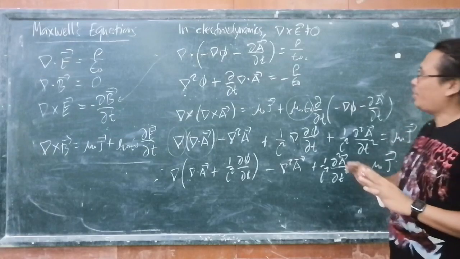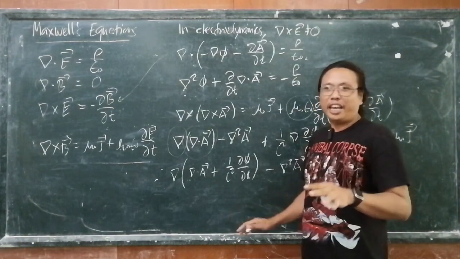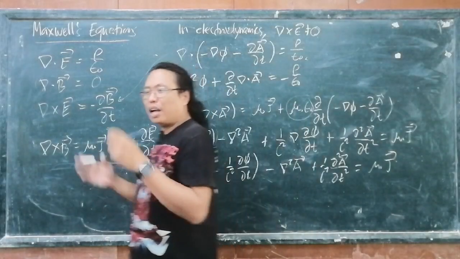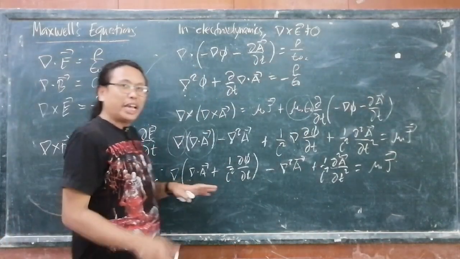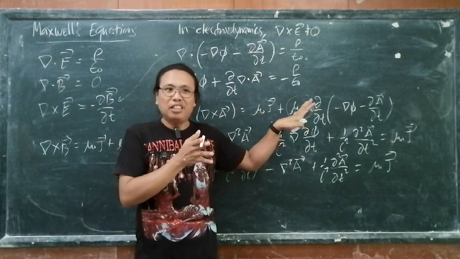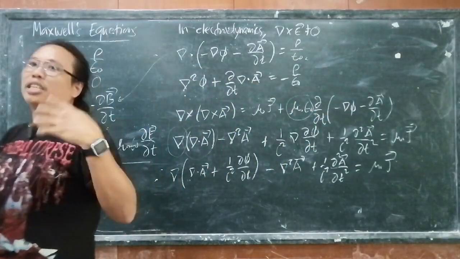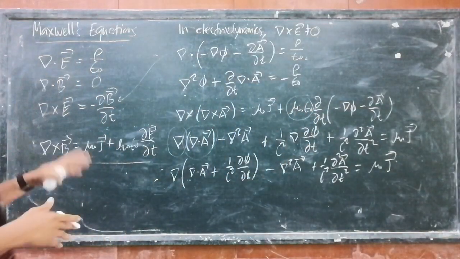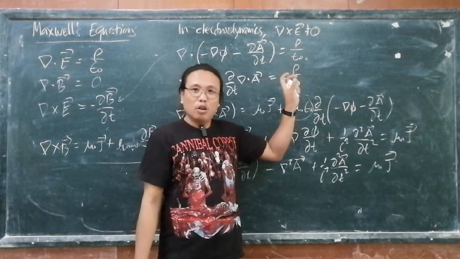And since, remember what we talked about gauge invariance. Right? What's the significance of gauge invariance? Well, we can add something to the potential. No? Why are we adding something to the potential? It's actually a gradient of a scalar function, right? Why?